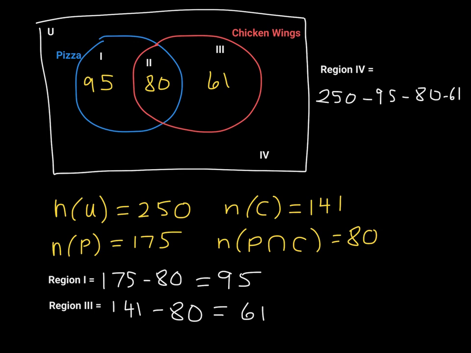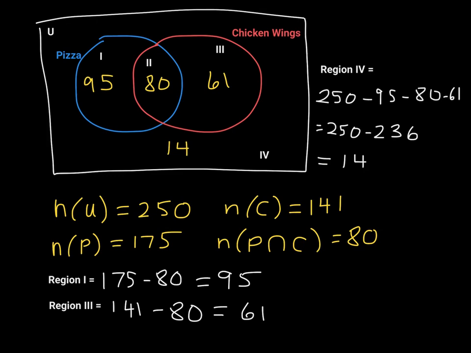So 250 minus 95 minus 80 minus 61, which is equal to 250 minus 236, leaves us with 14. That means there are 14 of those 250 customers that did not order pizza or chicken wings at all.